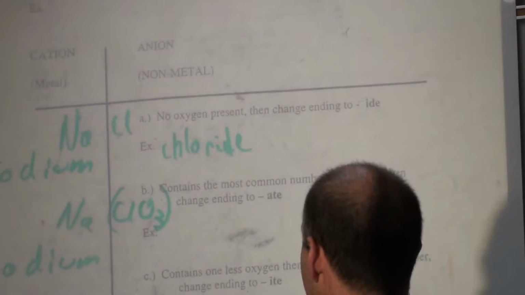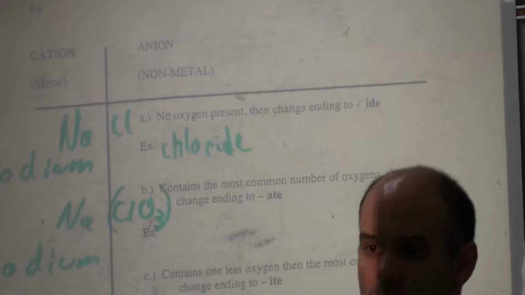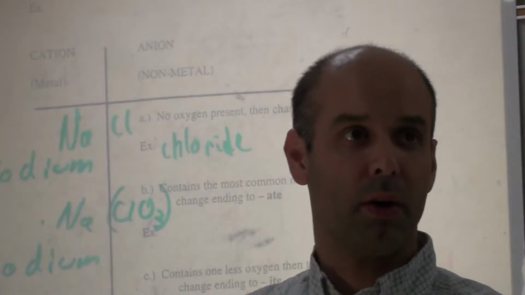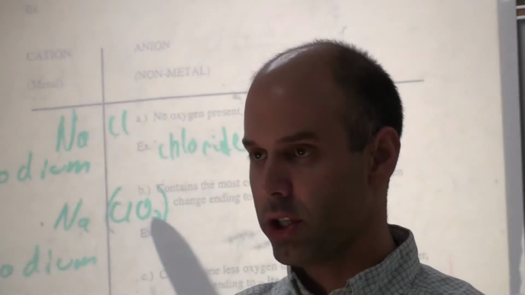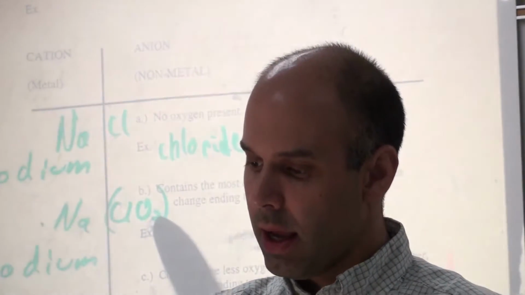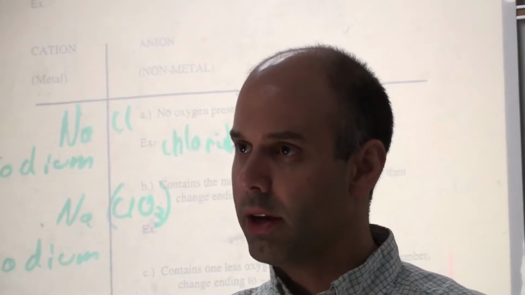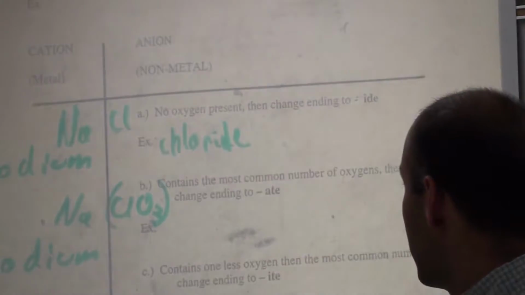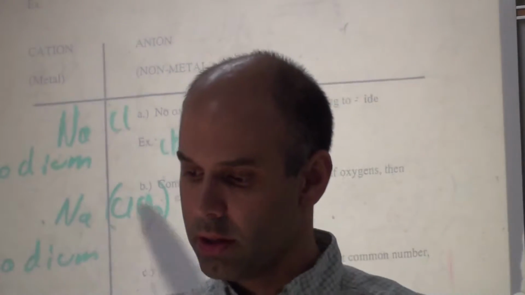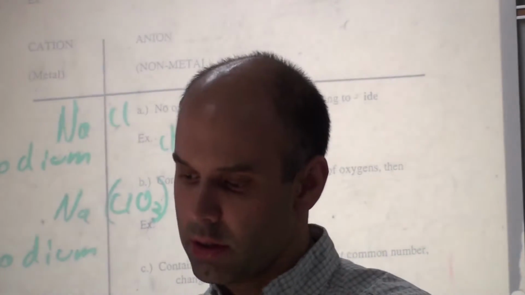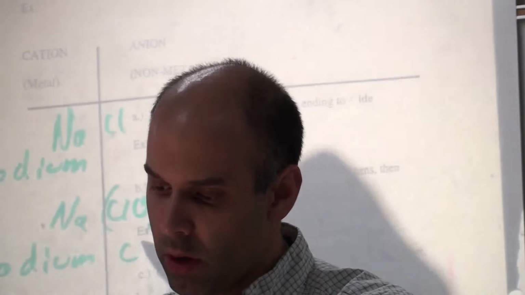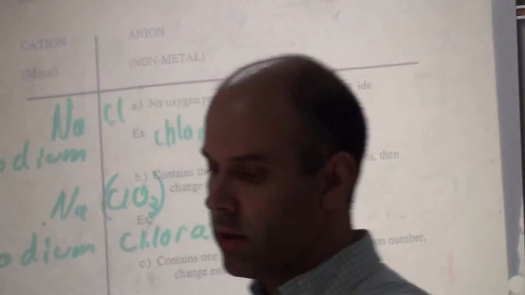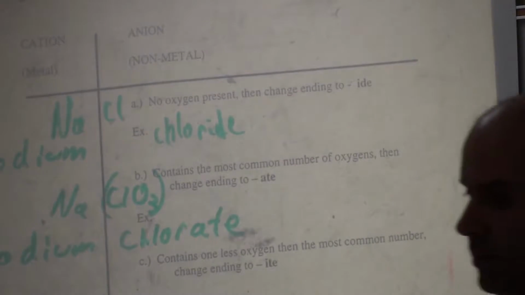If it contains the most common number of oxygens, you change the ending to -ate. Everything on the periodic table wants to have 3 oxygens. If it gets the 3 oxygens, then you change the ending to -ate. That's what I mean by the most common number. So chlorine wants 3 oxygens. It gets 3 oxygens. So I change the ending to chlorate. So that would be named sodium chlorate.